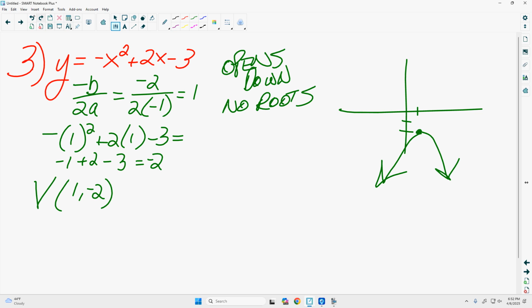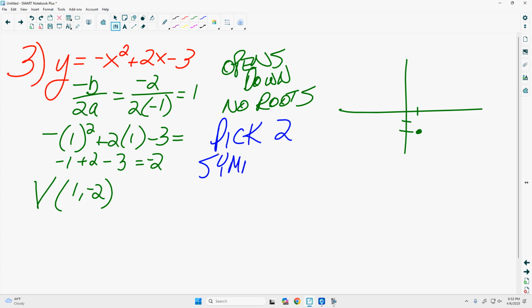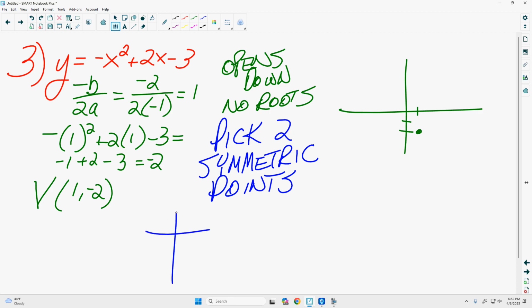Okay, so I have to pick two symmetric points. Well, crud. That means I still have to use that table, doesn't it?